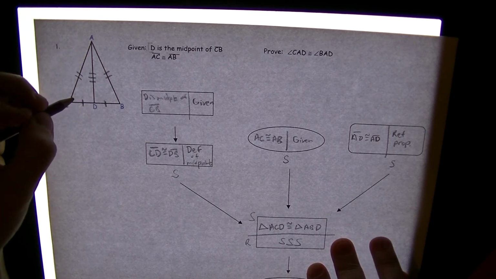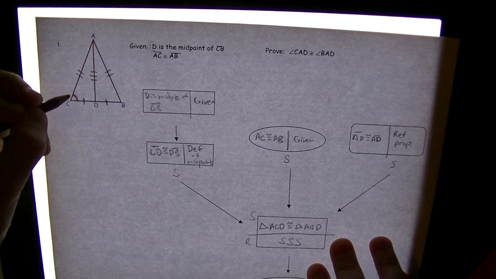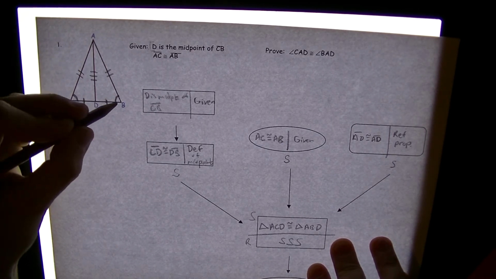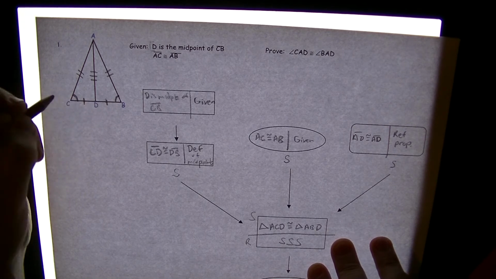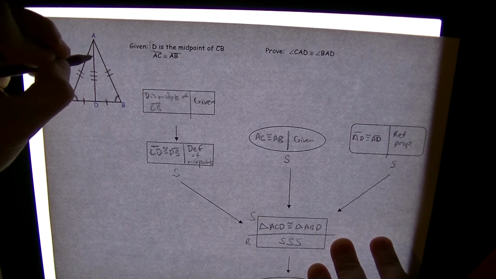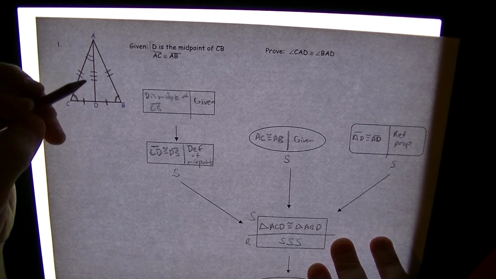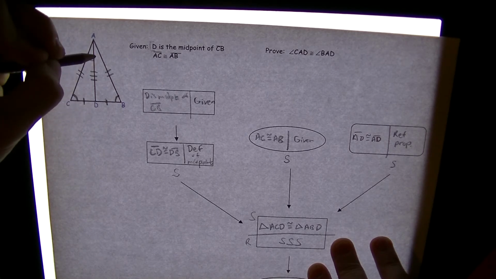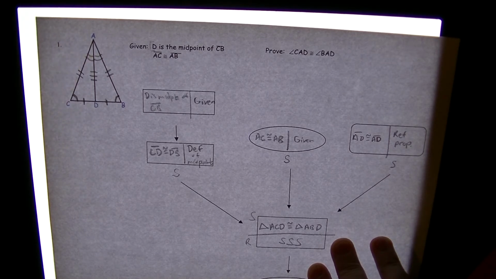Angle C corresponds with angle B, so now that I know the two triangles are congruent, I know that these two angles are congruent. And finally, similarly, angle CAD, this angle over here, must be congruent to angle BAD, because those are the two other corresponding parts of my two triangles.